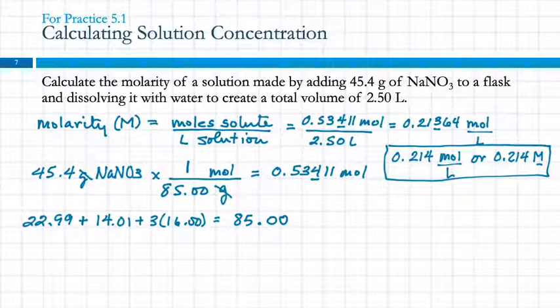If there's no mention of what the solvent is, you should just assume that it's water, because that is by far the most common solvent. Water is sometimes called the universal solvent. And the solute is usually the thing that they're giving you information about.